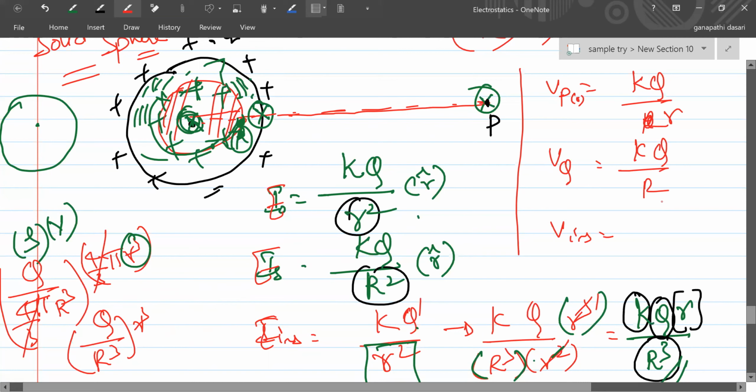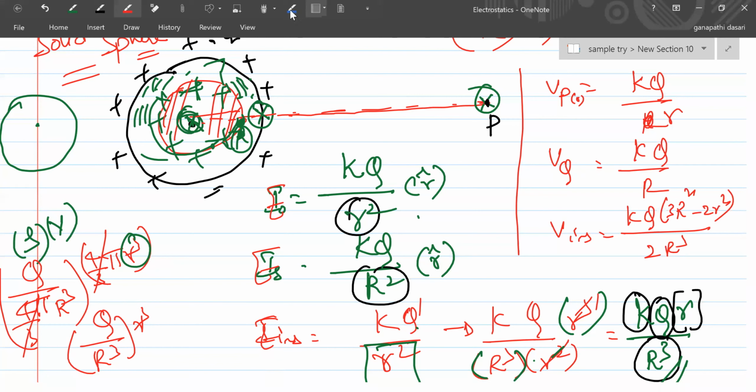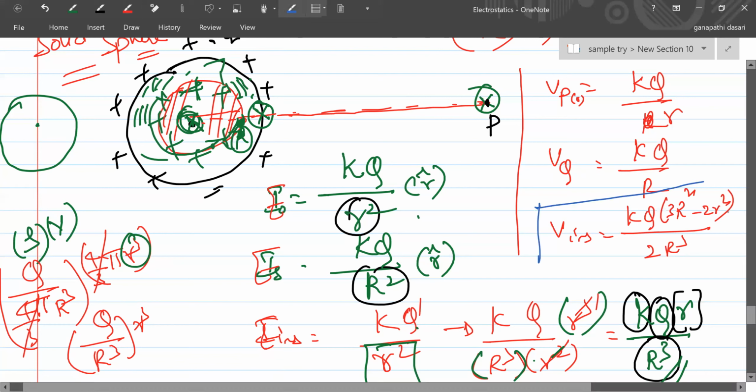Inside point you took it as k q r by R cube, right? Here, the inside point will be k q into 3R square minus r square divided by 2R cube. This is the formula for inside point. Okay.